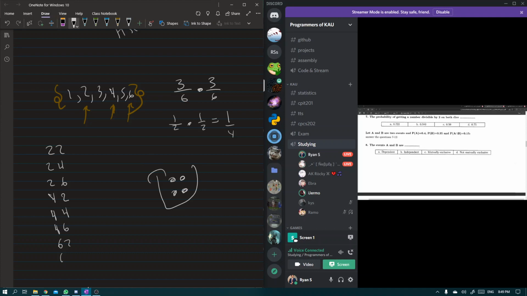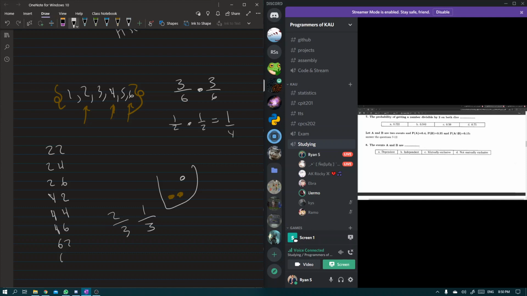The probability of getting the first ball: say that there are 2 white, 2 red, so 2 out of 4. Then you take one out. Now the probability changed. So now the probability of getting a white one is 1 over 3, and the probability of red is going to be 2 over 3.